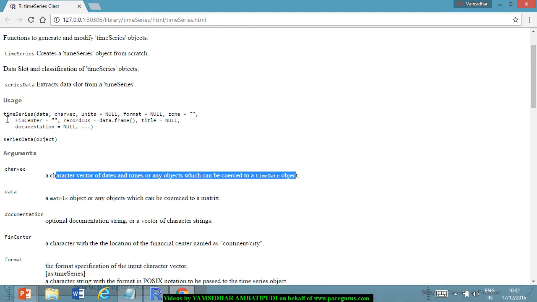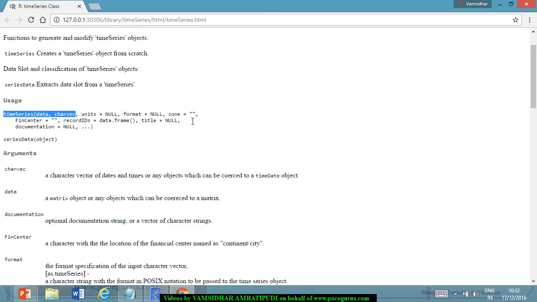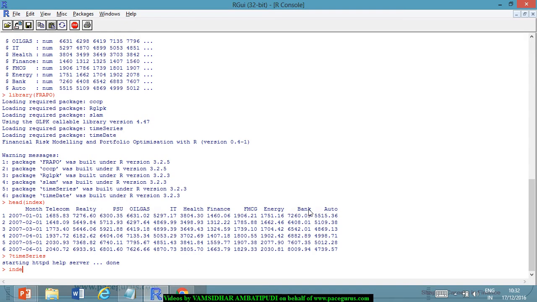I will require these two things as input, and all the others look optional, so I don't need to bother too much about them. I require these two. What I'll do is treat index as timeSeries of these two things. First, the data is a subset of index which requires all the rows and all the columns except the first column.